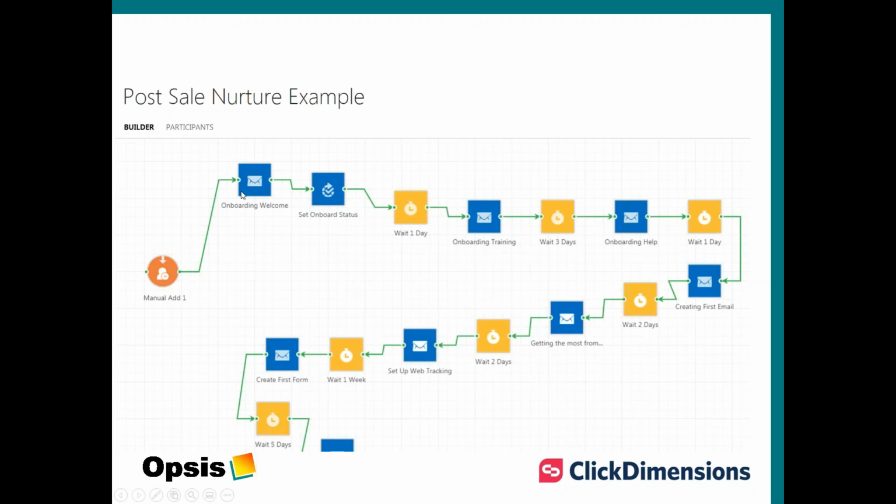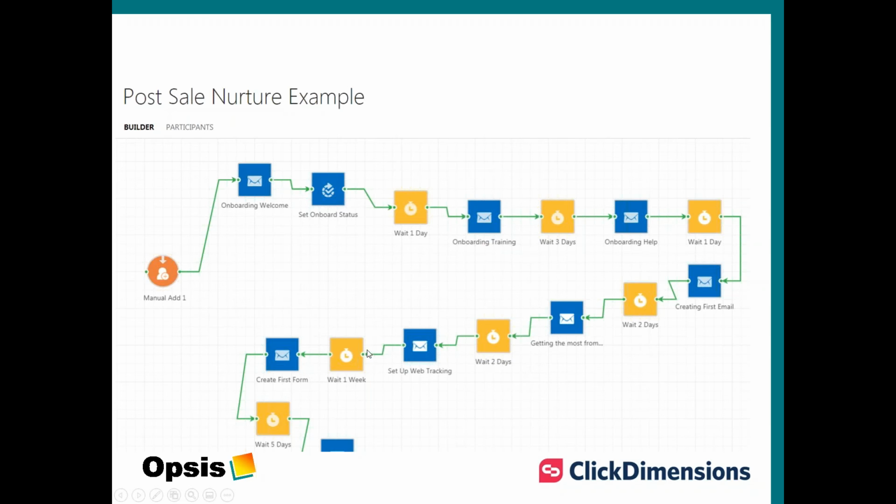And then we get an onboarding email and we change the status. We then wait a further day and they get another email. We wait 3 days and they get another email, and so on. So this whole flow will run over a couple of weeks.